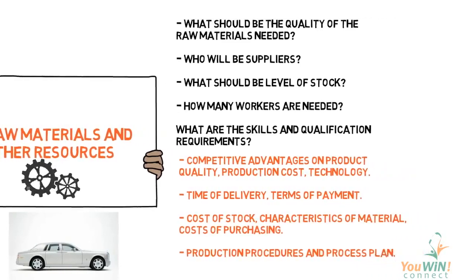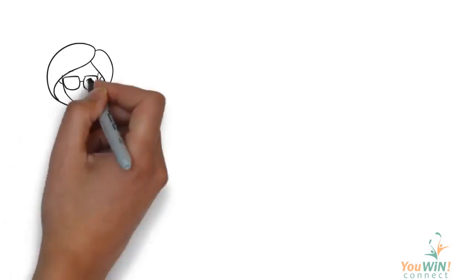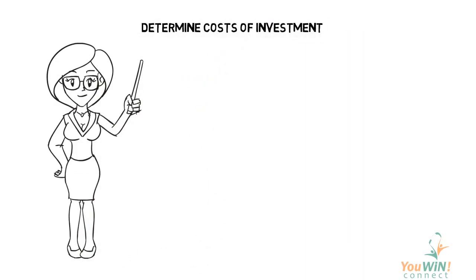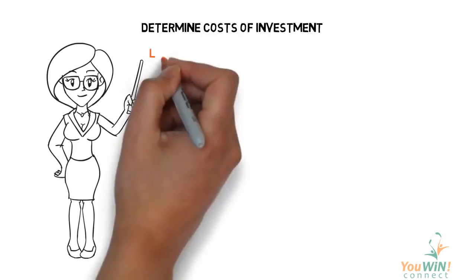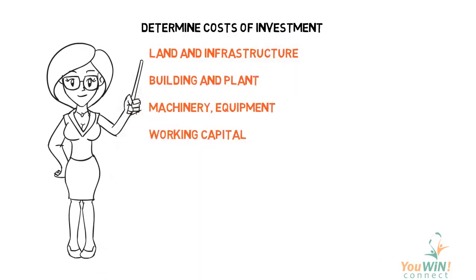Of course, what's your production plan? And does the production plan support the stock plan that you have? So, how do you determine the cost of investment when you talk in terms of the production plan? The production plan provides information for us to be able to calculate investment expenses in the following areas: land and infrastructure. Are we buying or are we renting?